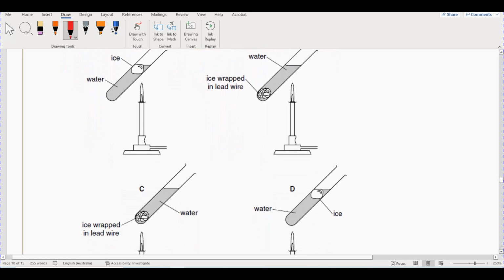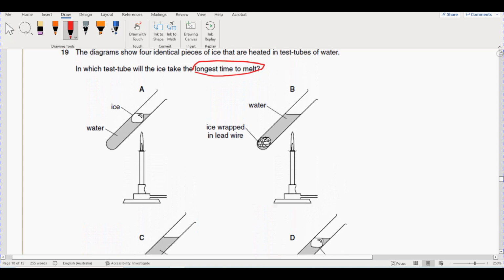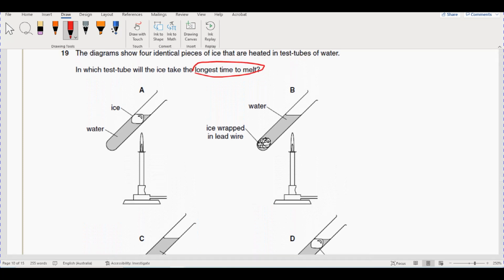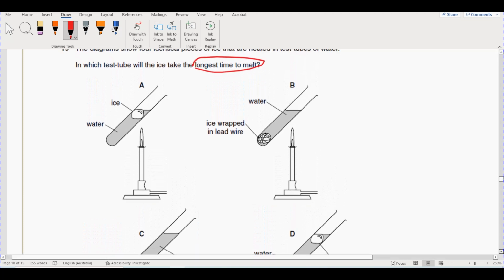Okay, take your time to think about this. If you make up your mind, you could take more time and pause the video anyway. All right.